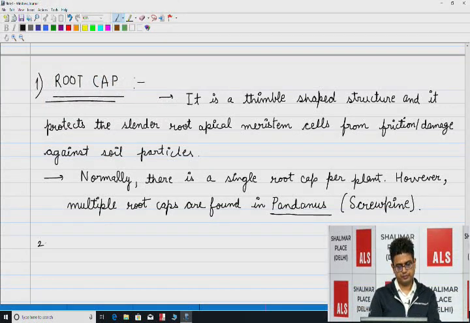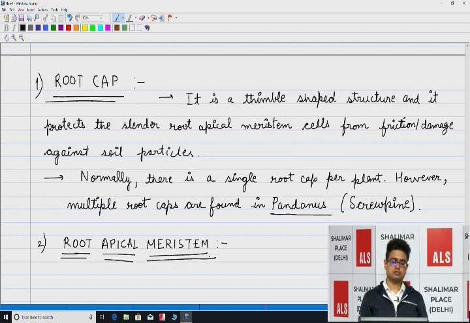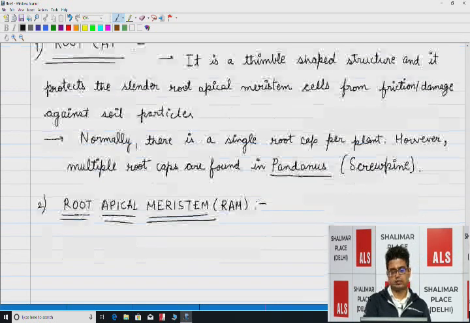Then we have the root apical meristem, or RAM. Now you can write about it.